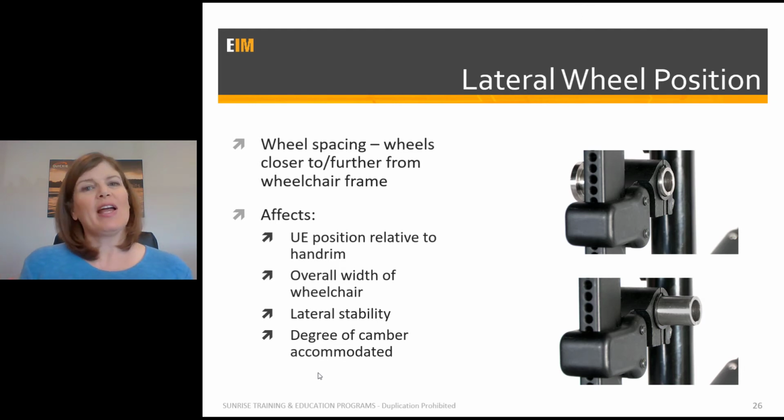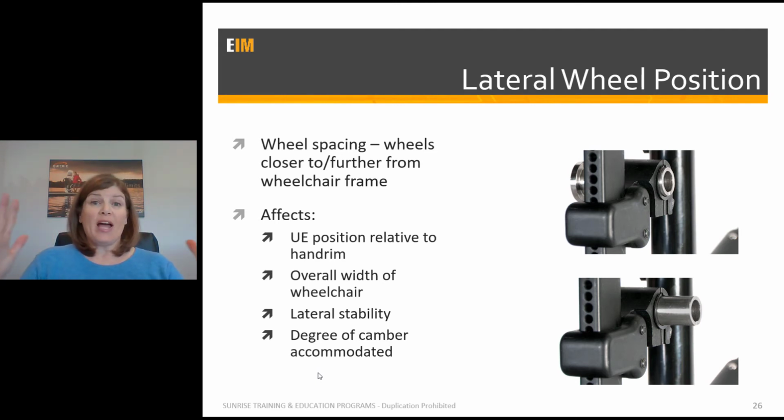So when I have a wider wheelchair, I'm going to experience some lateral stability because I have a wider base of support, particularly if the individual's center of gravity is up high relative to the seat to floor height for that wheelchair.